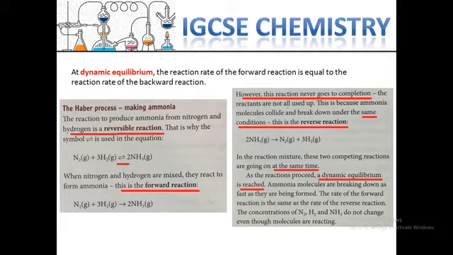One famous example is an industrial reaction to produce ammonia, called the Haber process. So the Haber process is applied to making ammonia.